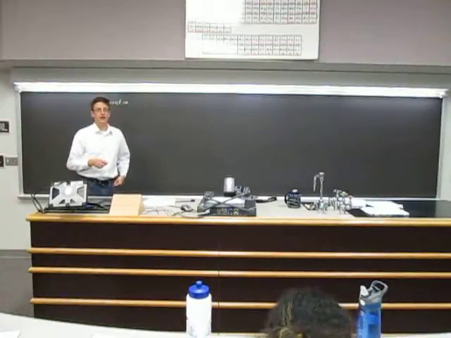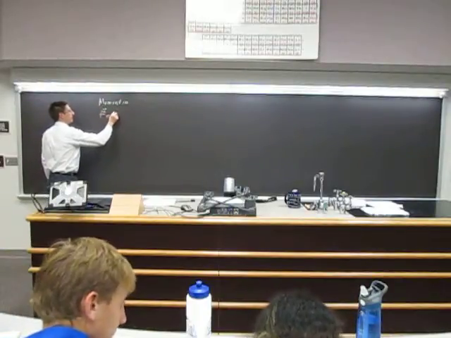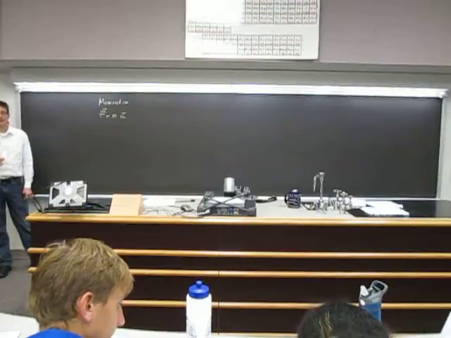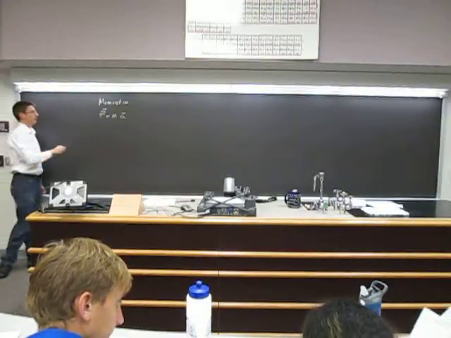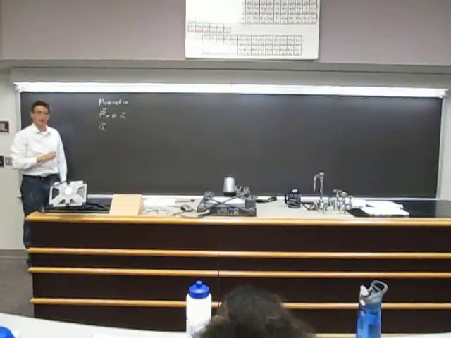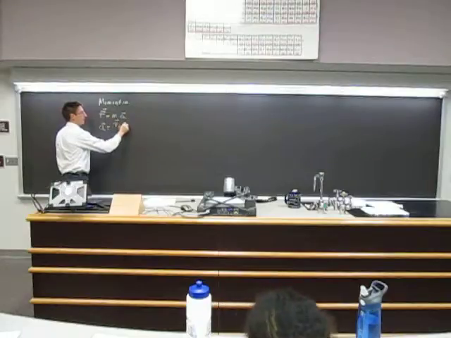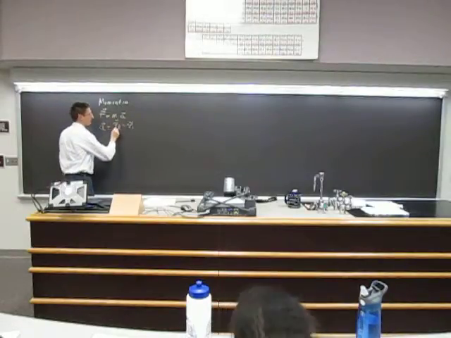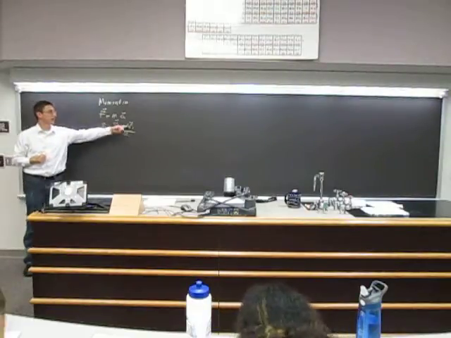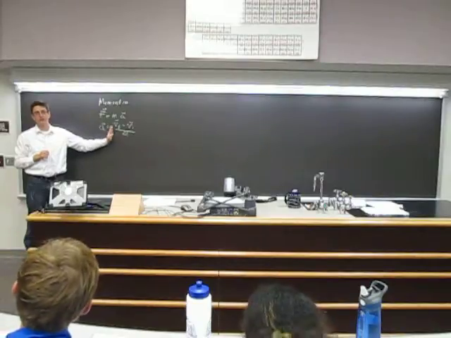So we know that the sum of forces on an object, F, is equal to mass times acceleration, right? We also know that acceleration of an object is equal to its final velocity minus its initial velocity divided by the change in time it took to go from initial to final. Is that familiar to everyone?